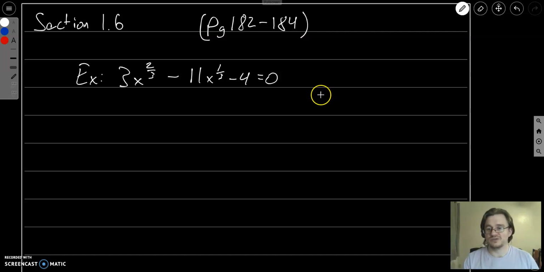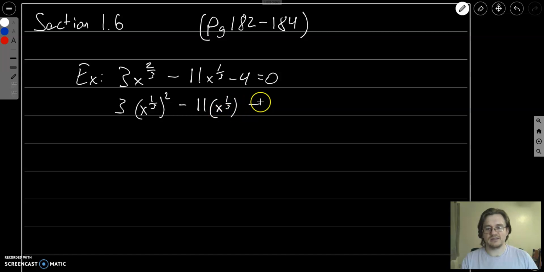So what we can do is replace this variable with another one to make it look exactly like a quadratic equation. Notice that x to the 2/3 power is the same thing as x to the 1/3 power squared. Now I have 3 times something squared minus 11 times that something minus 4.